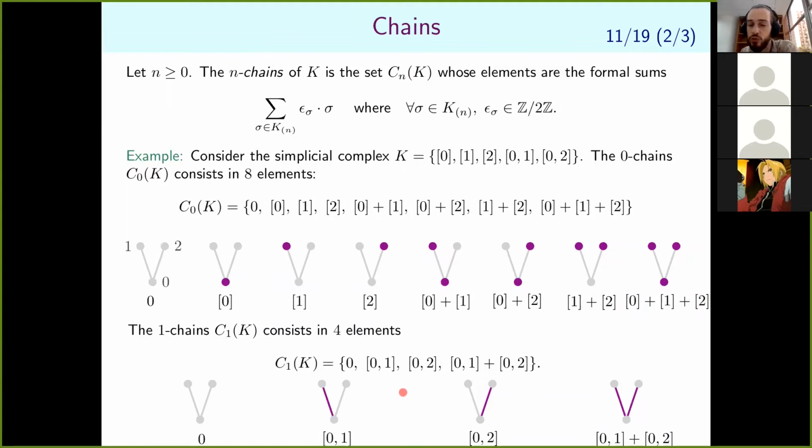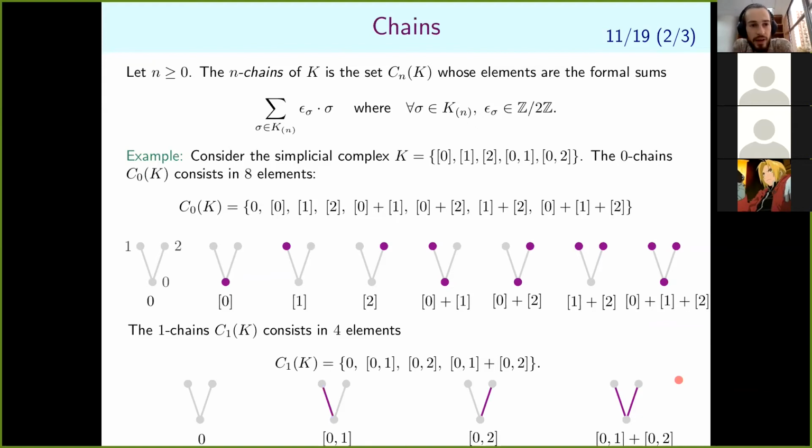We have two 1 simplices in this simplicial complex, the edge 1, 0 and the edge 2, 0. And my set of 1 chains contains 4 elements: when you take no edge, when you take simply 0, 1, when you take simply 0, 2, and when you take both.